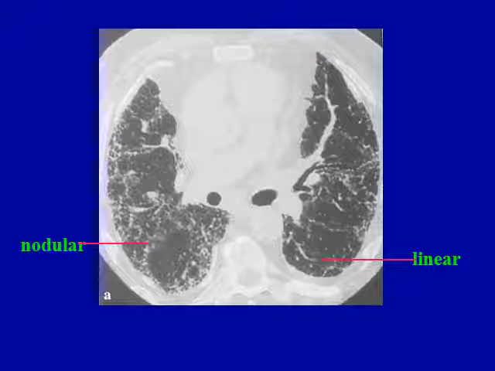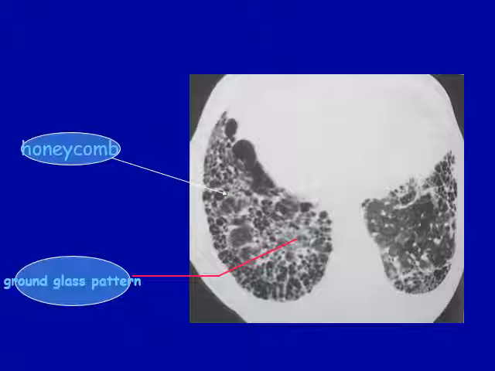You see, these are multiple nodules here, usually present in the base or in the periphery also. And the last one, there is honeycomb appearance. This is the honeycomb appearance, and this is the ground glass appearance. So this is typical of the interstitial lung disease.